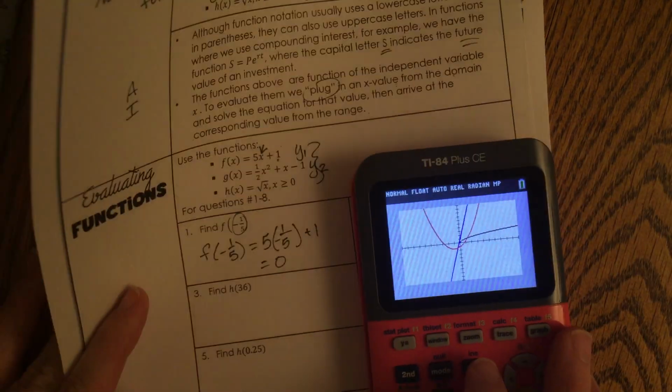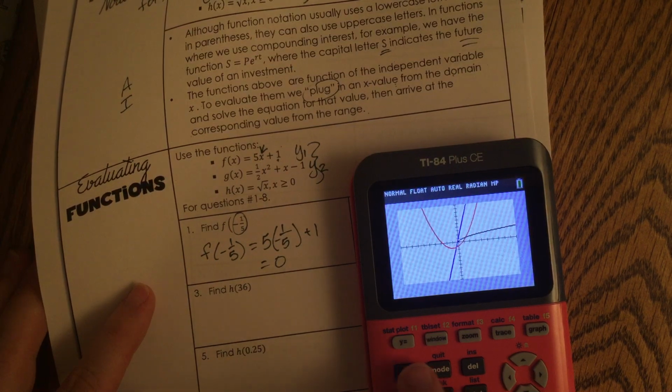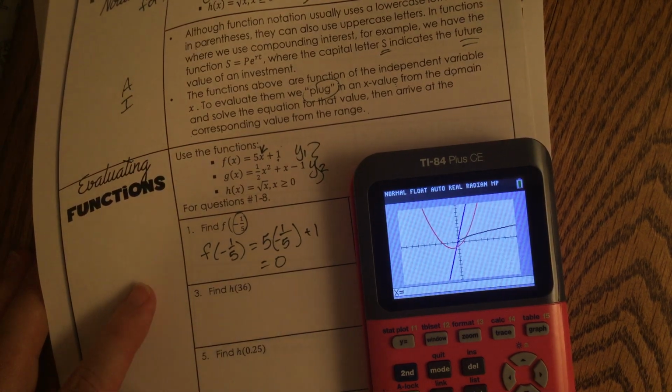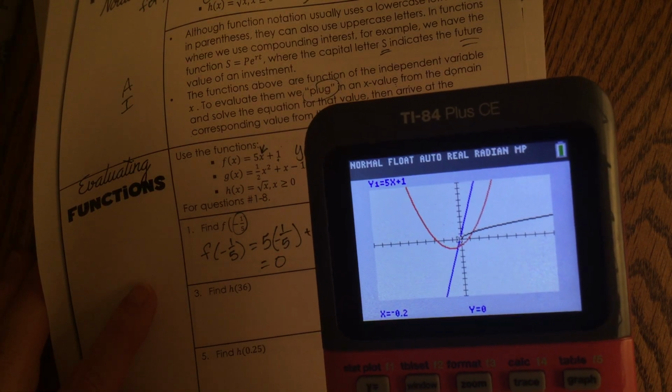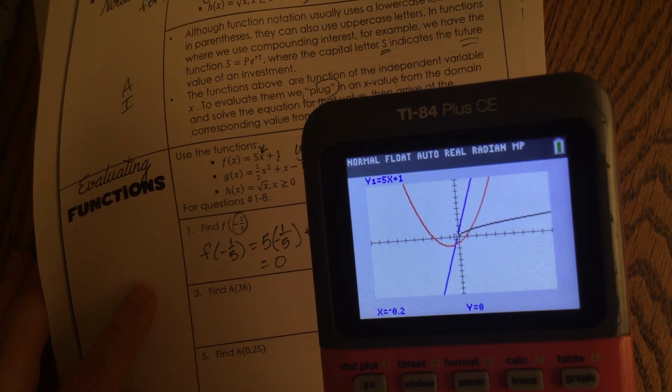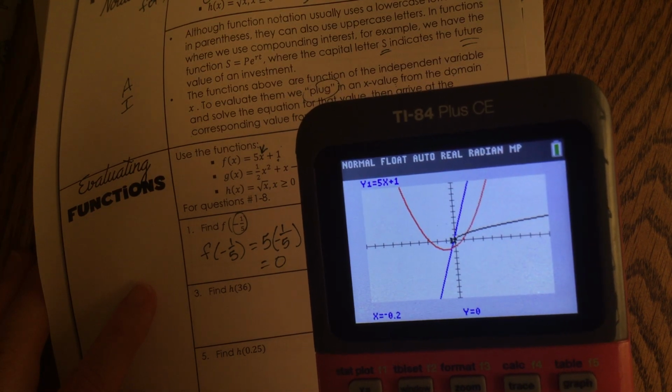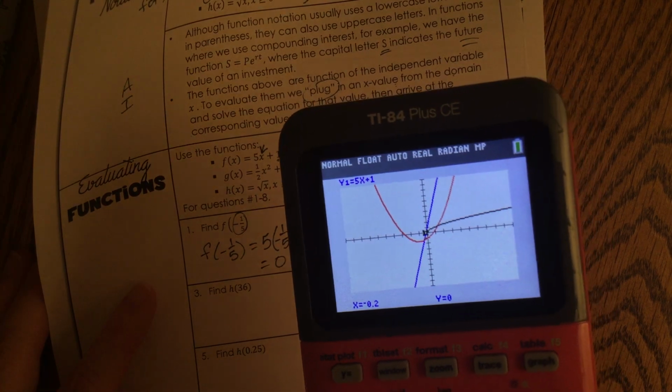So if I were to do number 1, I want to hit second calc value, and I want to plug in -1/5 in for x, and I can see that for y1, f of -1/5 is equal to 0.